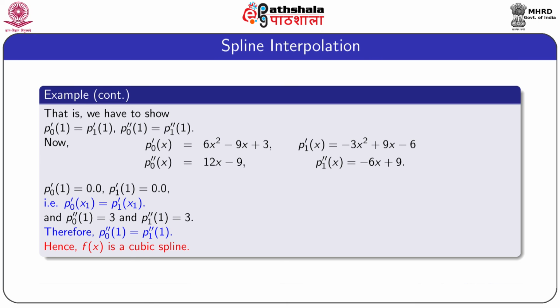That means, the second derivative of p0 and p1 are equal at x equal to 1. Thus, all the conditions of cubic spline are satisfied by the function f(x), so we can conclude that f(x) is a cubic spline.